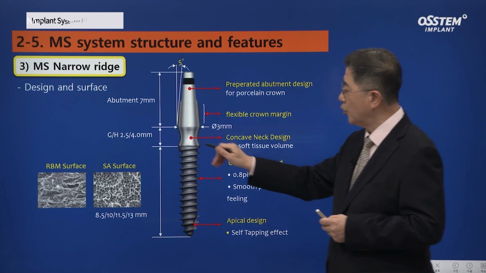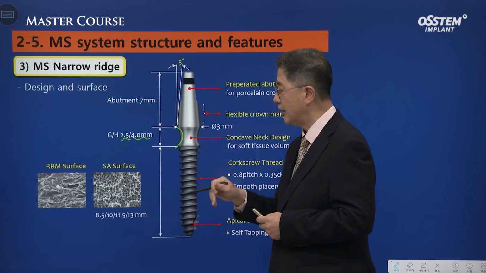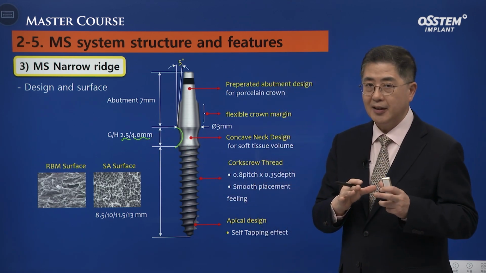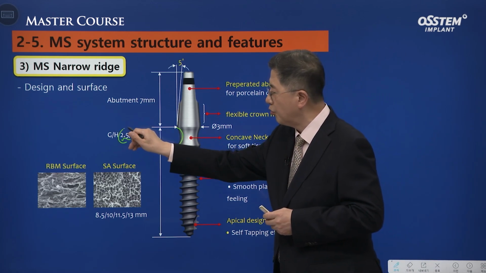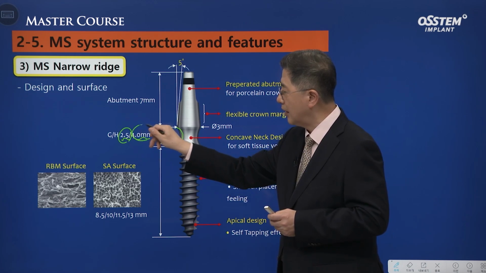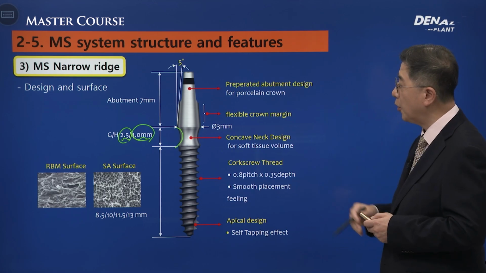The MS implant has a concave gingival cuff area. There is a 2.5 and 4.0 option. For a young patient with a congenitally missing tooth in the anterior zone, you'd end up with the 2.5 option, but for elderly patients, I primarily use gingival cuff 4.0 and choose the right implant.